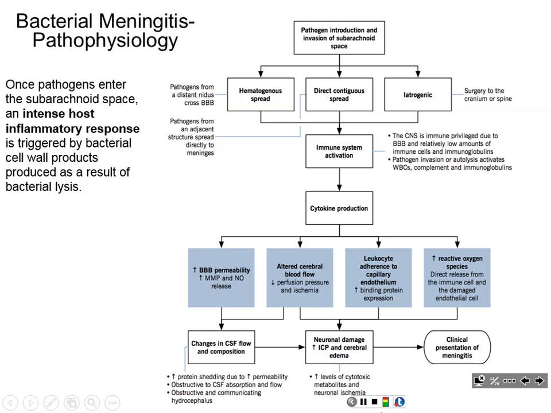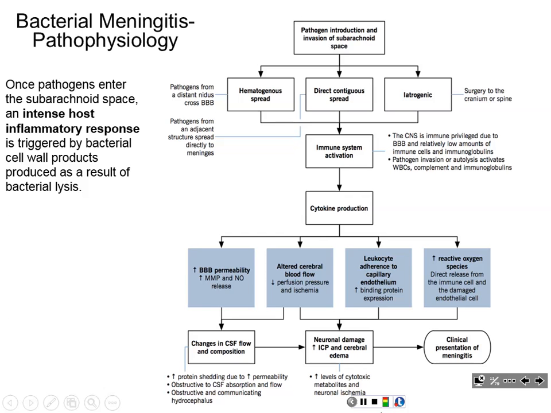So most of the damage that happens and triggers symptoms in your patients is not due to the bacteria. It's due to the immune response to cell wall components that are in the central nervous system when the bacteria lyse. And these cell wall components induce leukocyte migration to the CSF.